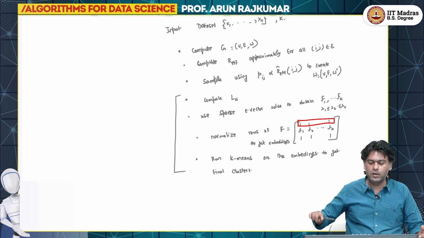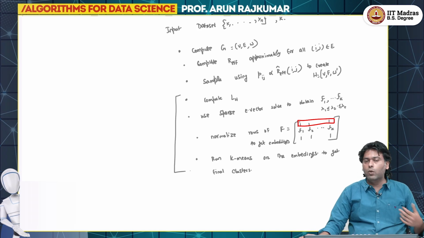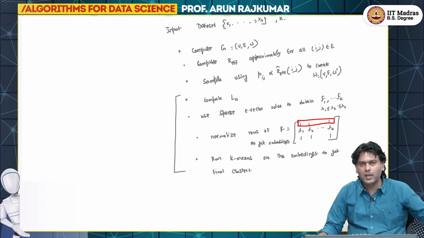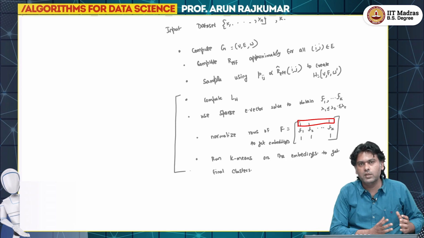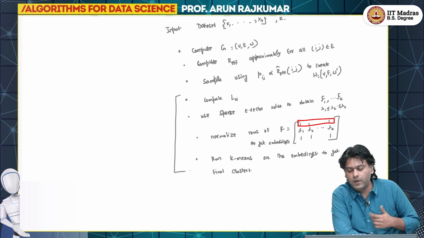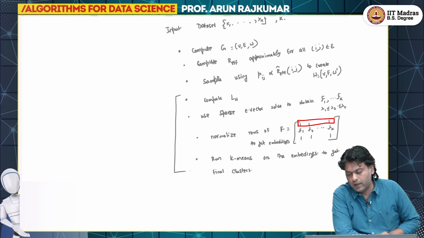So, it is the standard spectral clustering, but then applied to H, the sparser version of G, and the hope is that this is going to give you much better clustering than just doing a sparsification by taking a k nearest neighbor graph, because that we do not know if it is going to preserve your cuts necessarily, whereas here an approximate version of the cuts will be preserved, and so hopefully the clustering is going to be better.